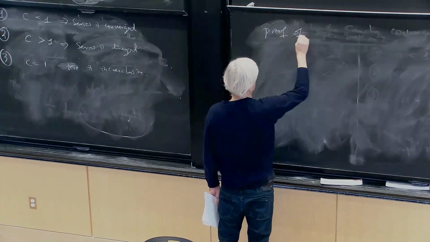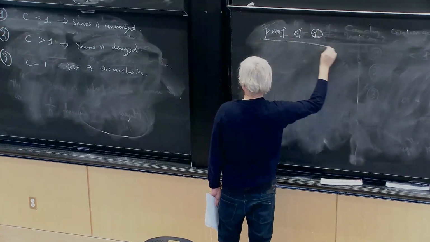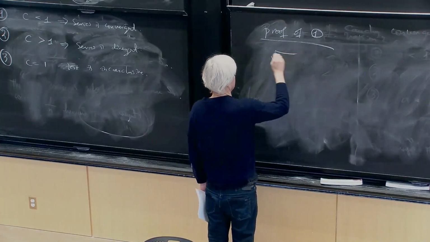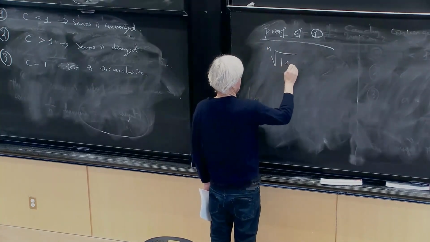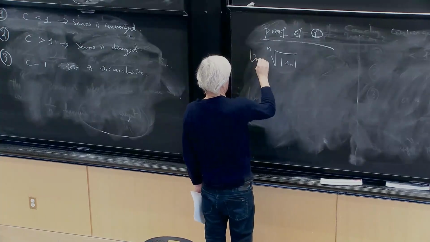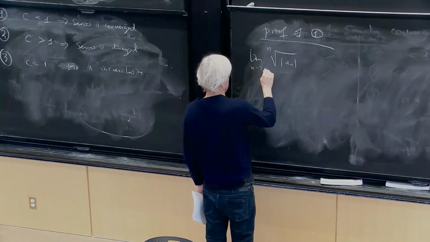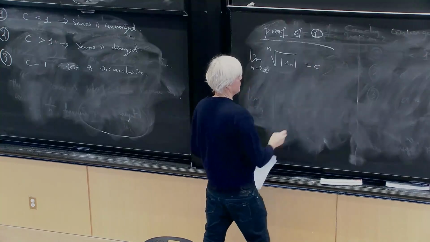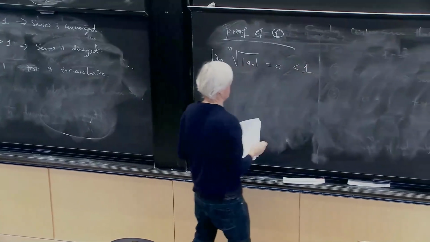Proof of one. So again, we are in the situation where we have that the nth root of the absolute value here, as n goes to infinity, is equal to some c, and we're assuming that c is less than 1.